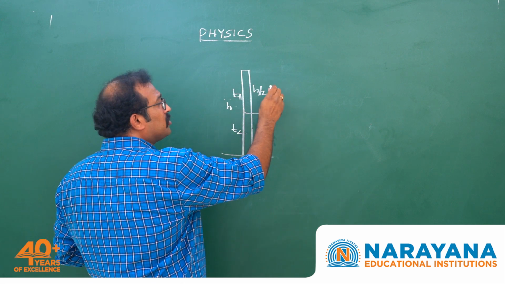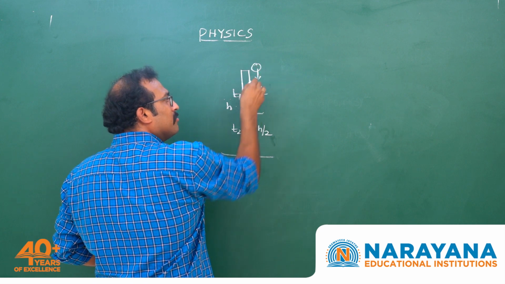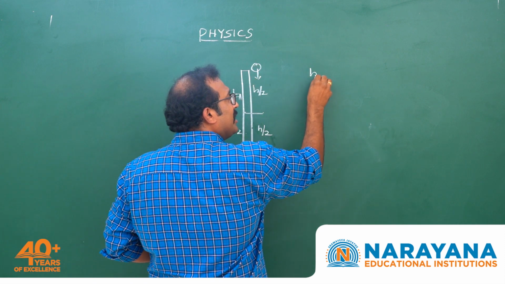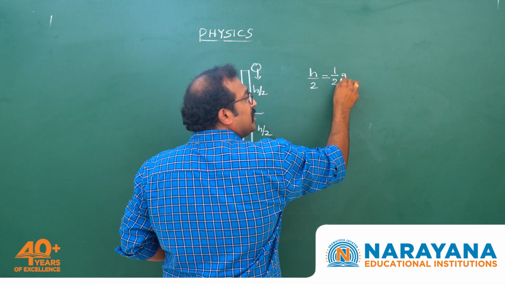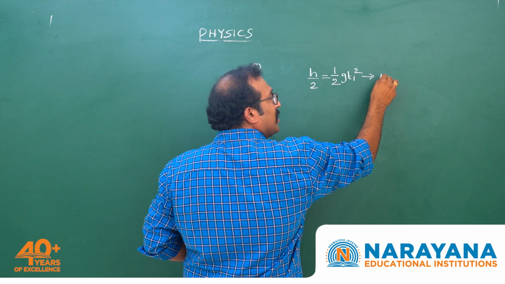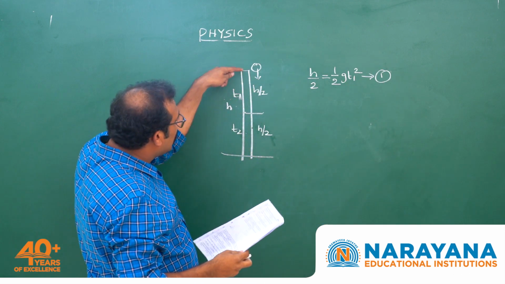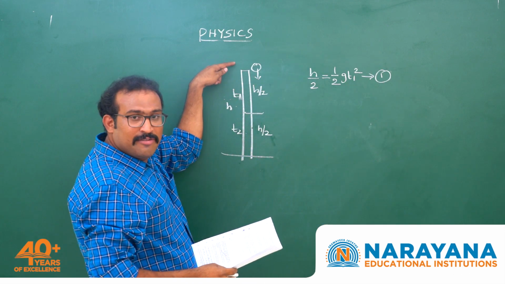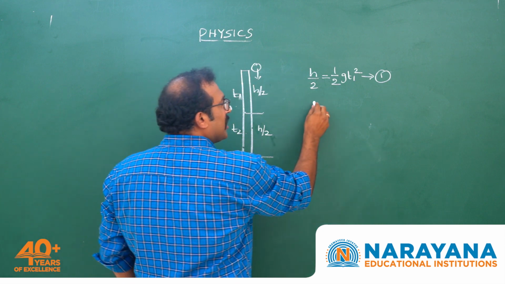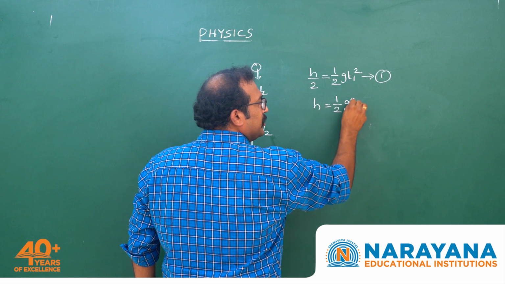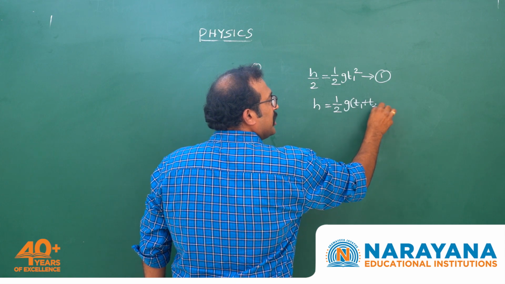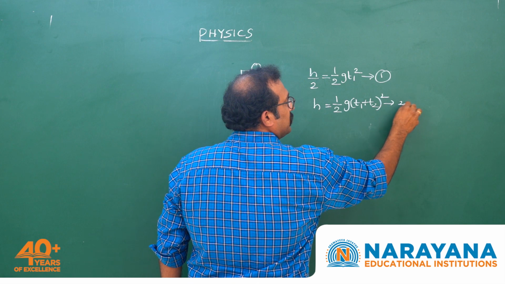From equations of motion for a freely falling body, we write for the half, h by 2 is equal to half g t1 square, which is equation 1. For the total height, the time interval would be t1 plus t2. So therefore, we can write h, the total height, is half g into t1 plus t2 whole square. This is equation 2.